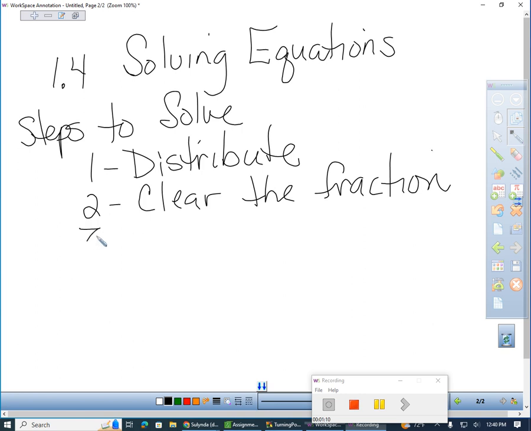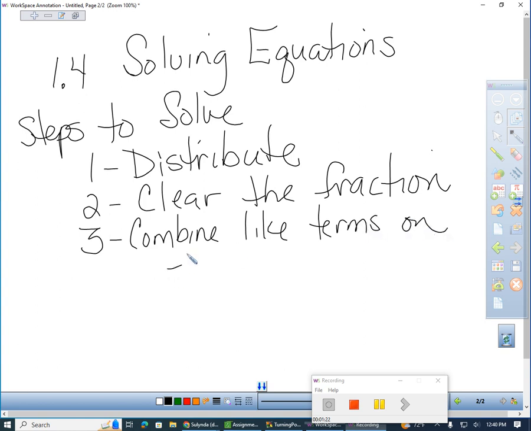Step number 3, combine like terms on either side. Step number 4, move the variable to the left.